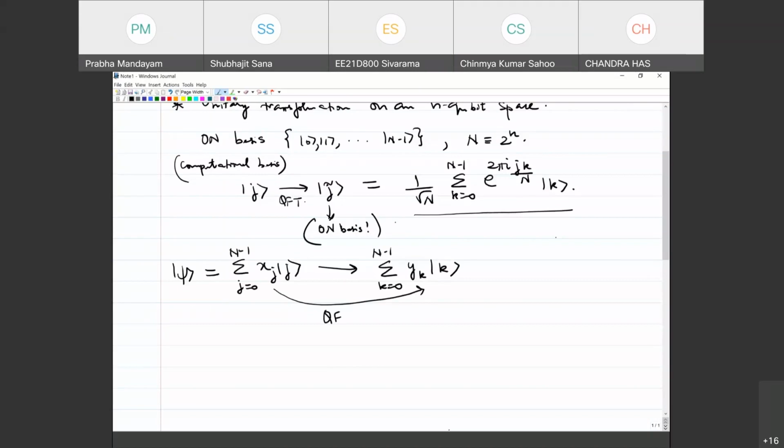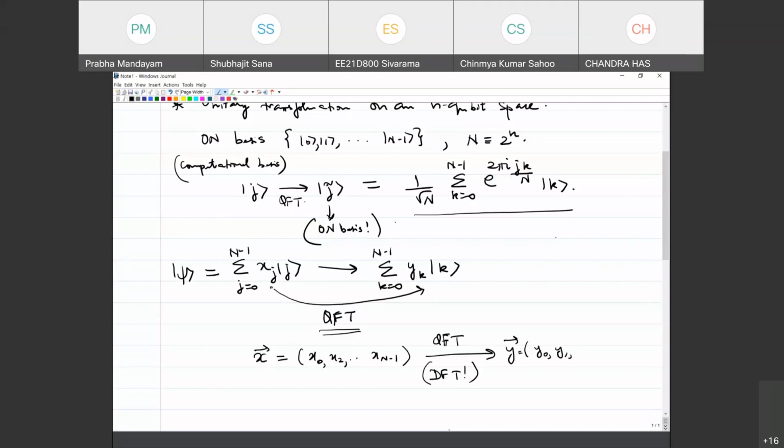When you do the QFT transformation, you end up changing these superposition coefficients x_j to these coefficients y_k. The relation between these two vectors, where x is x_0 to x_(N-1), now goes to the y vector, y_0, y_1, etc. And you see that this transformation is nothing but the DFT on these two complex N-tuples.